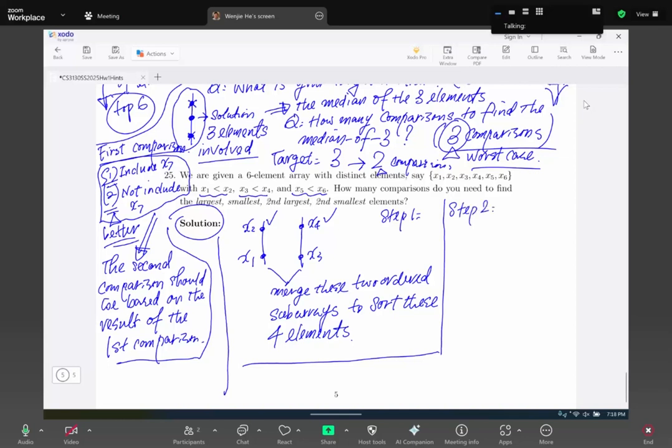All right. Now, let me draw another diagram. Here I assume after sorting, you have four ordered elements, right? Here for simplicity, we can assume these four elements are ordered like this. Okay? Because there is some specific order, and we can use one of the several different orders as the representative.